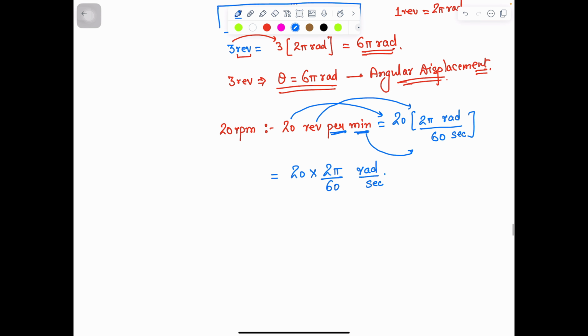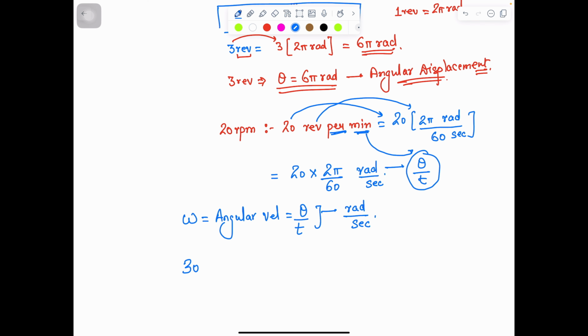Clear? And we need to understand what exactly it is. So can I say radian is your angle theta and second is your time t? So can I say omega, which is your angular velocity, is equal to theta divided by t. And what is the unit? Radian per second. So whenever it is given in the question, say, 30 RPM, what is given, guys?